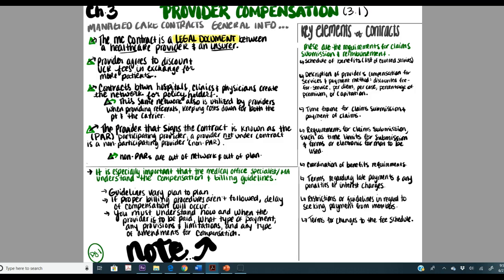It's important that you understand how and when the provider is to be paid, what type of payment they are supposed to be receiving, any provisions and limitations, and then any type of amendments for compensation. Those are all important things that you need to note if you plan to be doing billing on a pretty consistent basis, because those are all things that are going to heavily impact how the provider is going to be compensated.